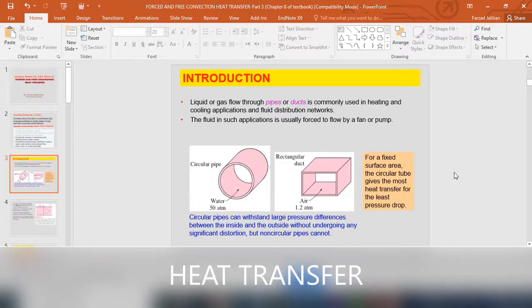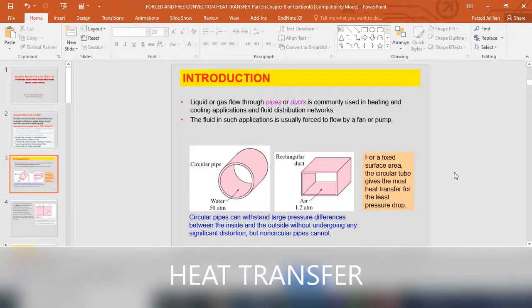Like what we had for the external flow, liquid or gas, for that kind of flow the fluid was going around something. But for internal flow, the fluid, which can be liquid or gas, goes through something like a pipe or duct.